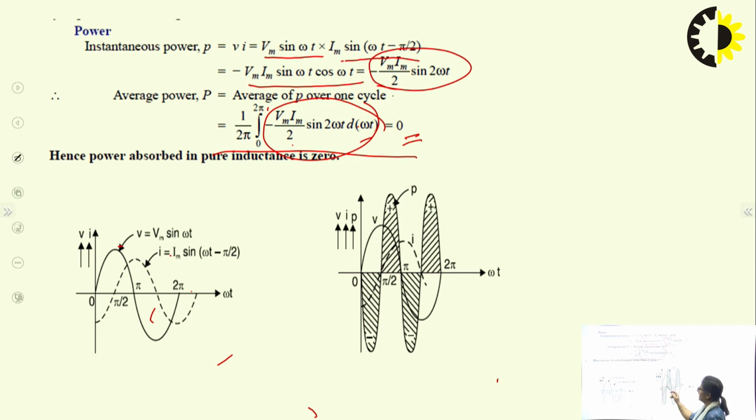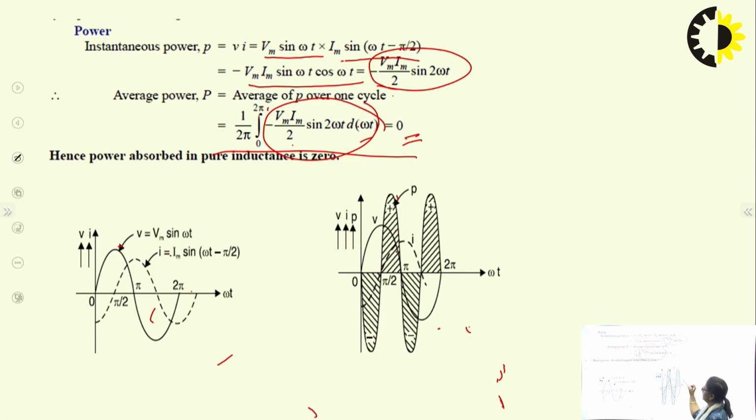Similarly, for the next quarter of the cycle, the voltage is positive and the current is also positive, so the power is also positive. In another quarter, the voltage is negative and the current is positive, so the power will be negative.